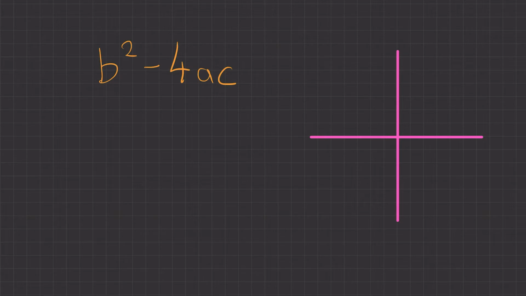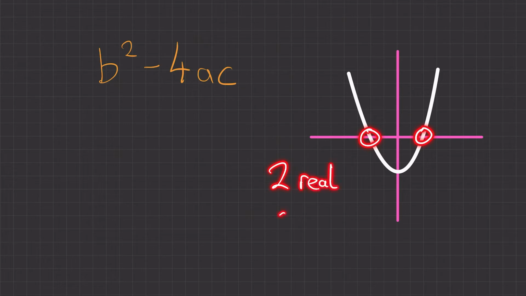Now to demonstrate visually what this all means, I'll put the graph on here. Here we have a very standard quadratic curve. The line does continue upwards, but I've not shown that just to make it easier to visualise on screen today. The first thing you'll notice is that the curve goes through the x-axis at 2 points, which is here and here. Therefore, the graph has two real solutions.